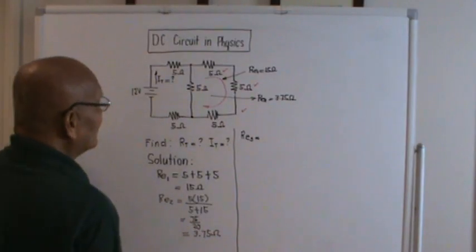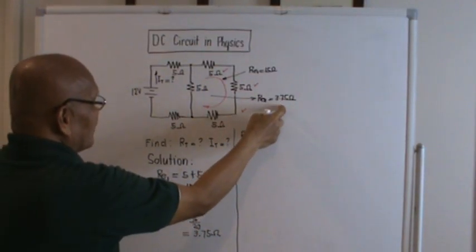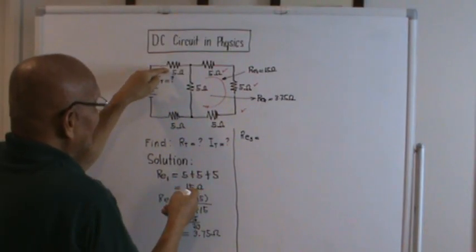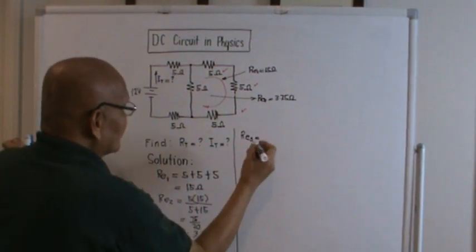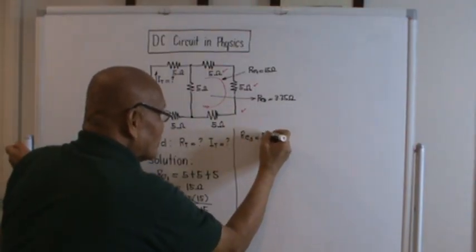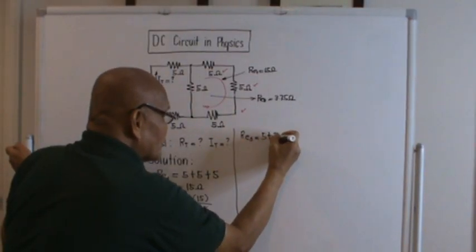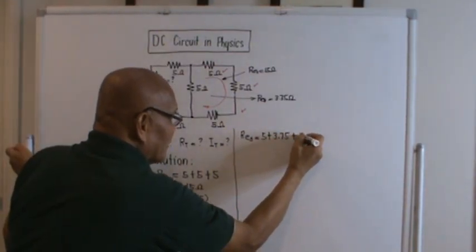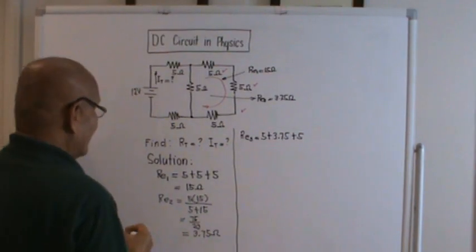should be equal to this 3.75 here, which is the compressed value of this, will be in series with this 5 and this 5. So it will become, since they are all in series now, 5 plus 3.75 plus 5. Right?